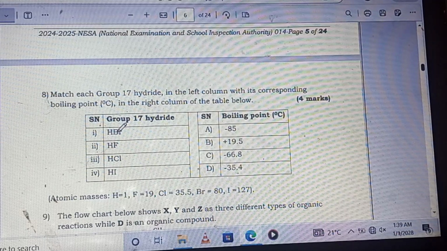The correct answer: hydrogen bromide, its boiling point is letter D, negative 35.4. Hydrogen fluoride, its boiling point is letter B, plus 19.5.